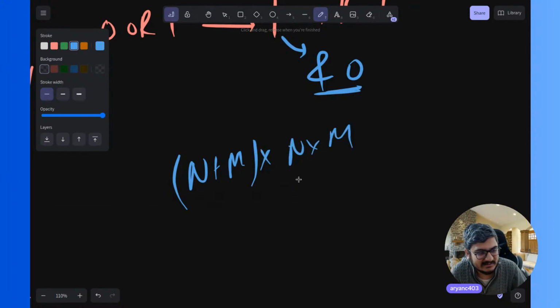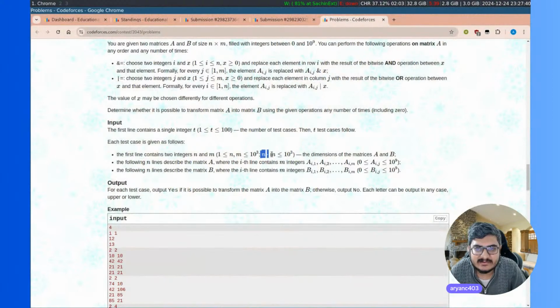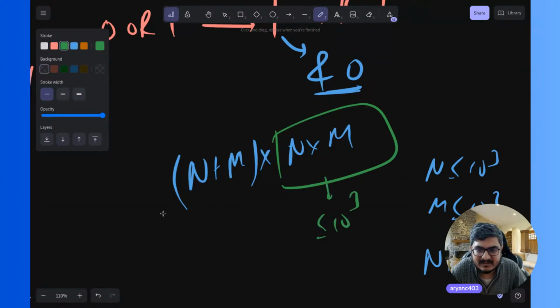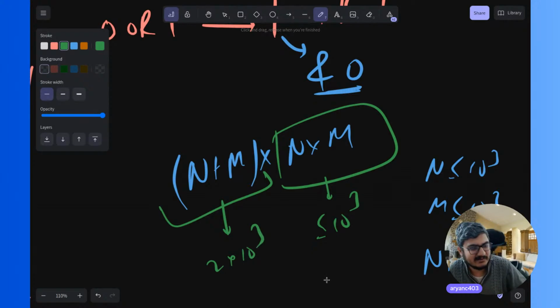If you look at them individually, these are up to 10 to the power 3. This will definitely TLE. But you see, one more constraint was given, n multiplied by m will also be less than 10 to the power 3. So if you individually look at it, this component would be less than 10 to the power 3, and this would also be less than 2 into 10 to the power 3. And that's why it's not TLE.